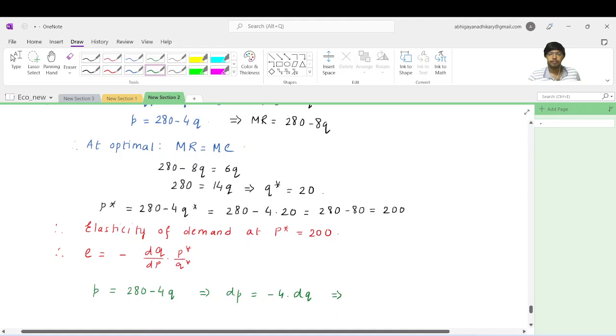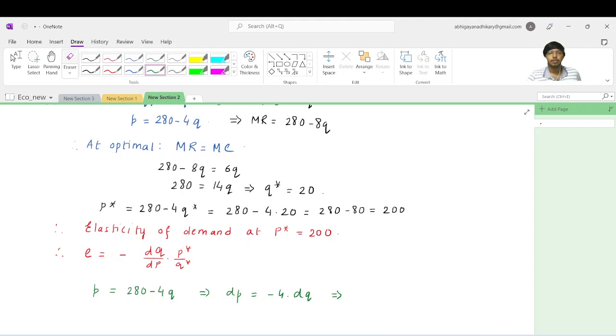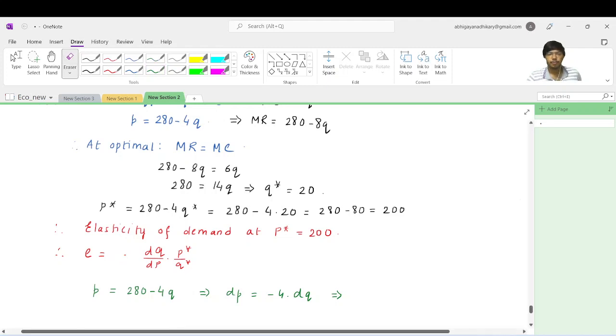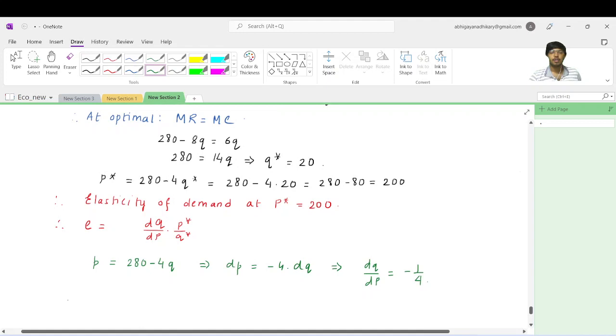Just one correction over here. We need not find the absolute elasticity, so we can remove the minus sign from the expression of E. So this will become dq by dp equals minus 1 by 4. We'll just replace it.